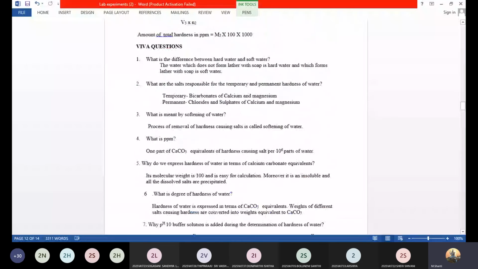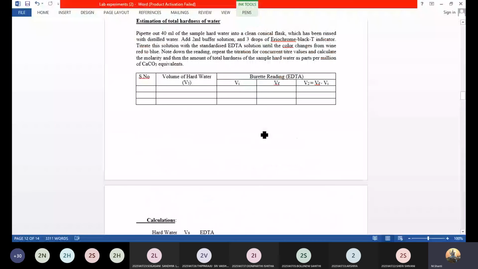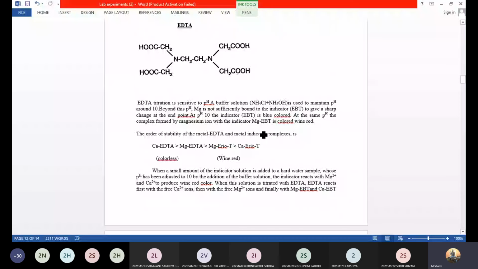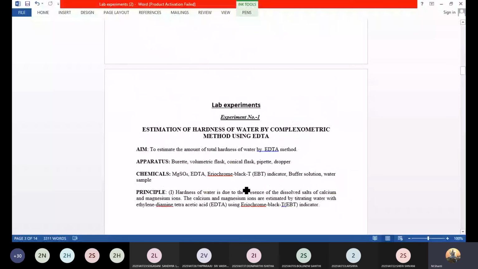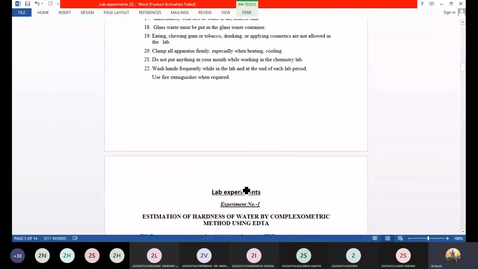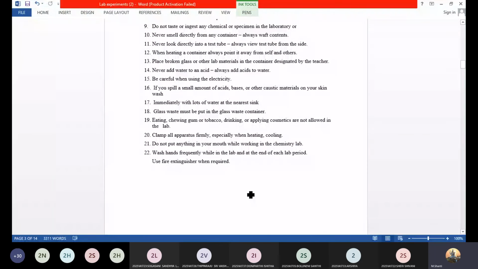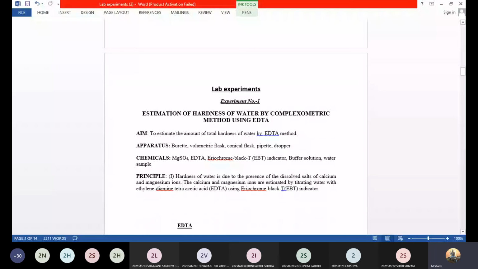Okay, so do you have your records with you, girls? Yes, ma'am. First page, what do you see? Index page. In the index page, what are the columns?